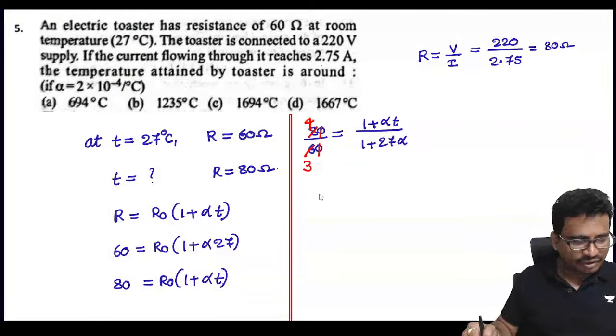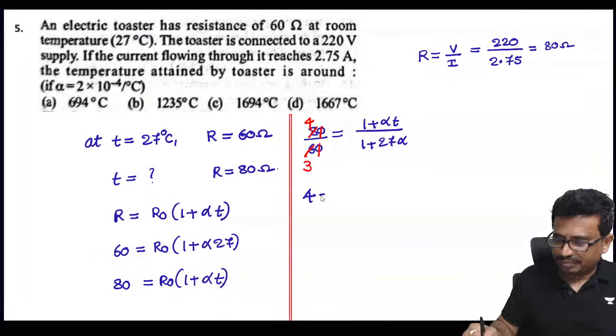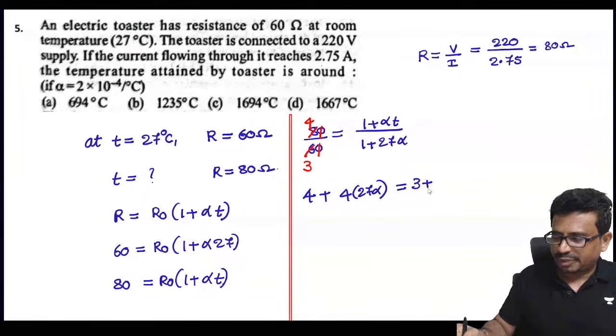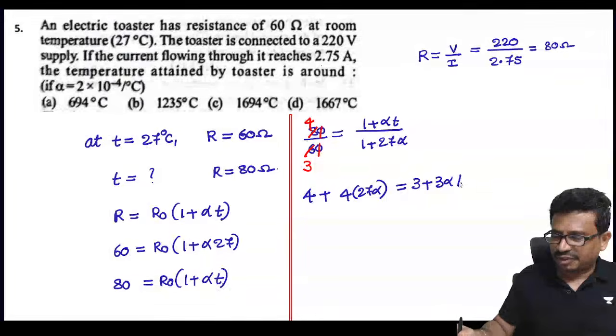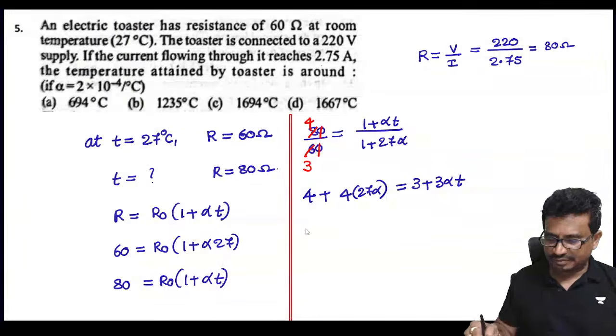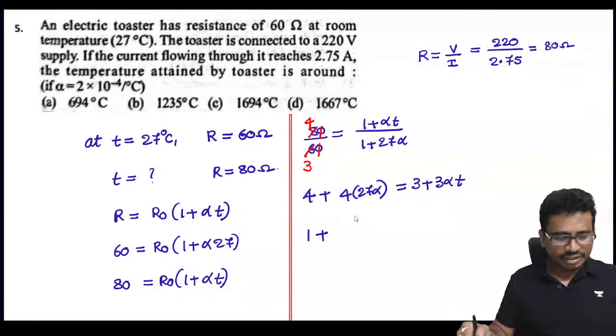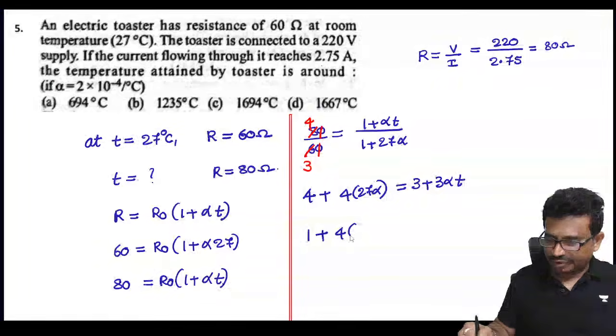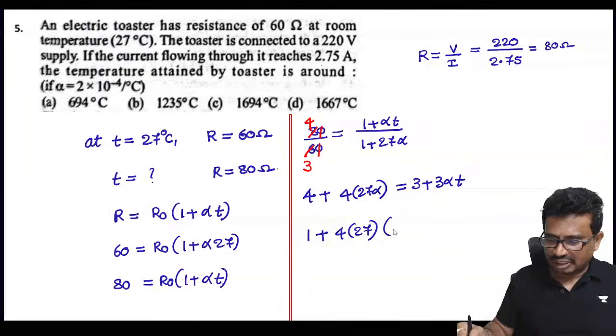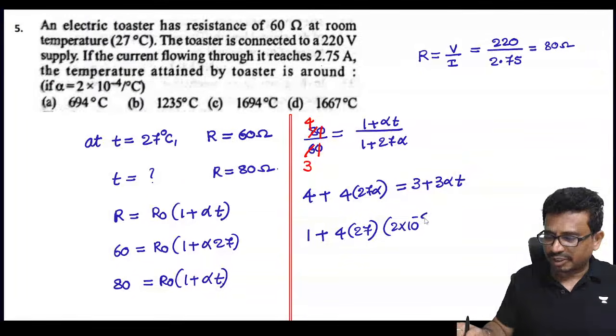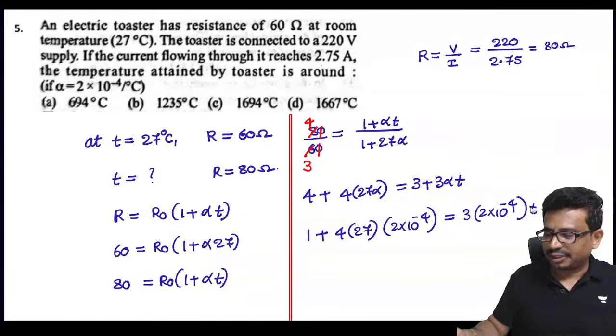So it becomes 4 plus 4 into 27 alpha is equal to 3 plus 3 alpha into T. Alpha value is given, 2 into 10 power minus 4. The 3 and 1 get cancelled, so 4 into 27 into 2 into 10 power minus 4 is equal to 3 into 2 into 10 power minus 4 into T.